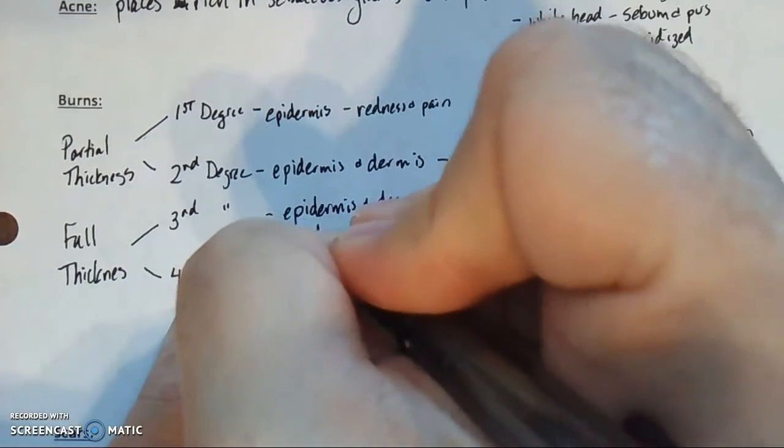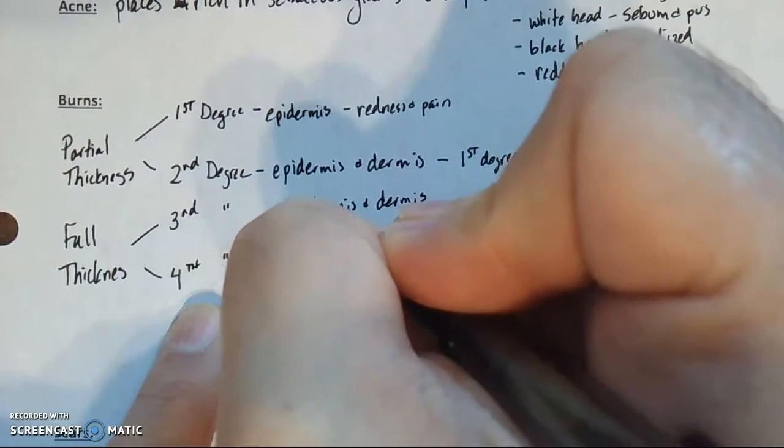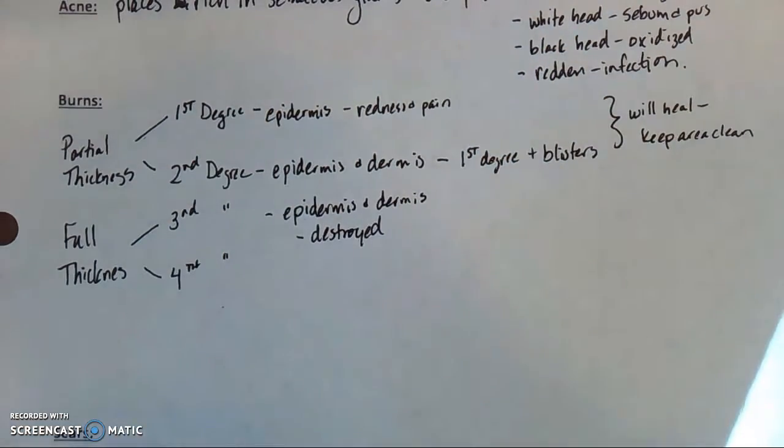And both layers are destroyed. So these burns, usually they will have to debride the skin, which means they have to peel off the dead skin. It is an extremely painful procedure because they have to go down to the live skin.